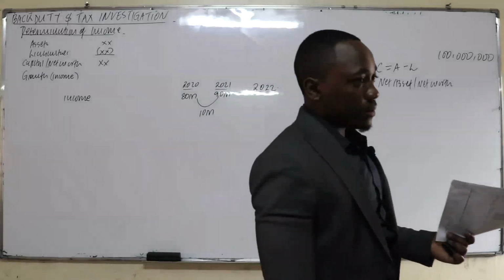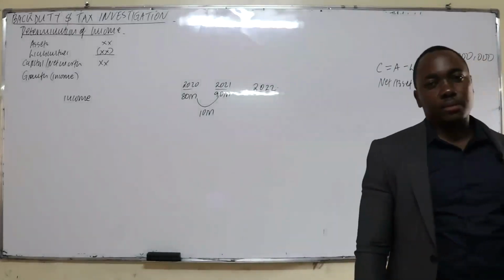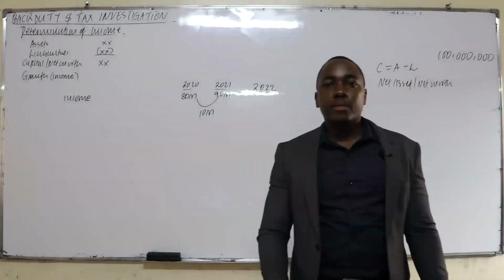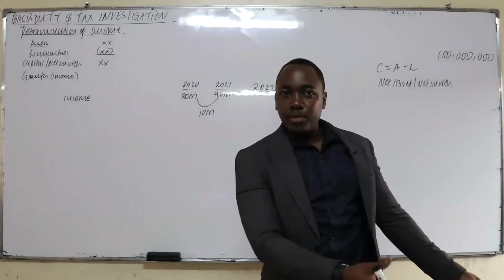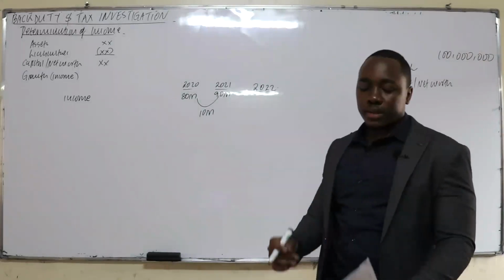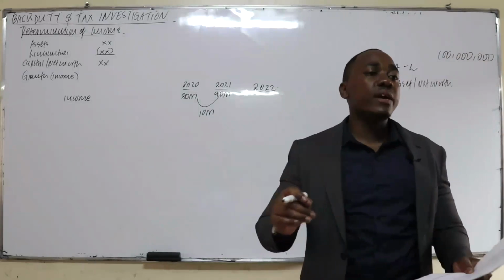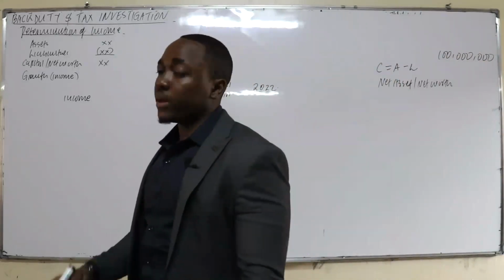Then you deduct non-taxable incomes, such as what? Inheritance. Maybe you had inherited something from maybe your parent. In that case, you eliminate it. Also, you eliminate non-taxable income and income whose withholding tax is final. In bracket, which are those incomes whose withholding tax is final?